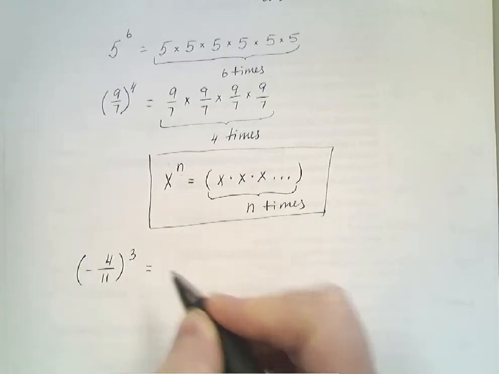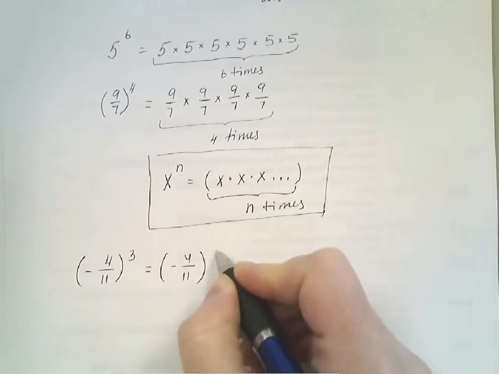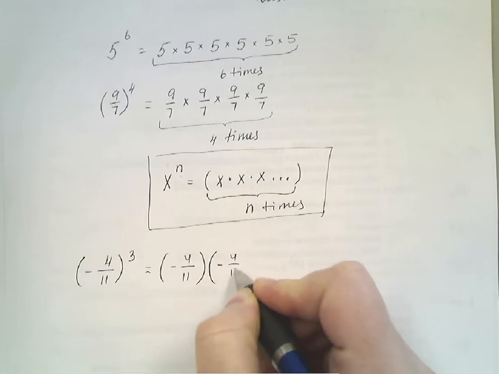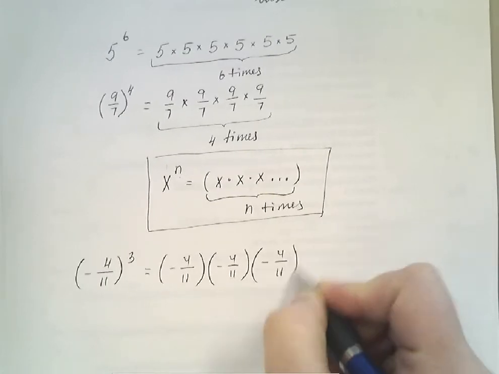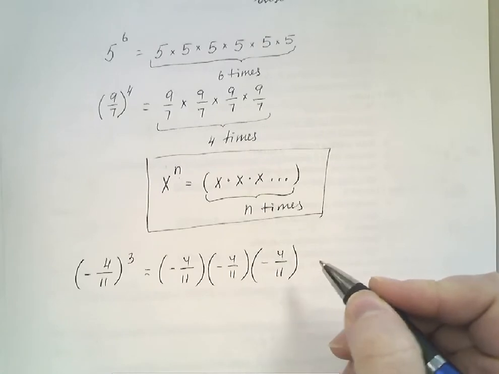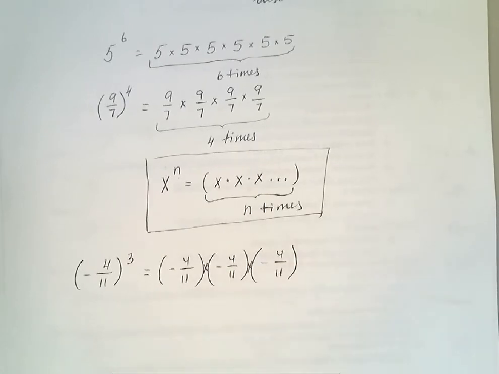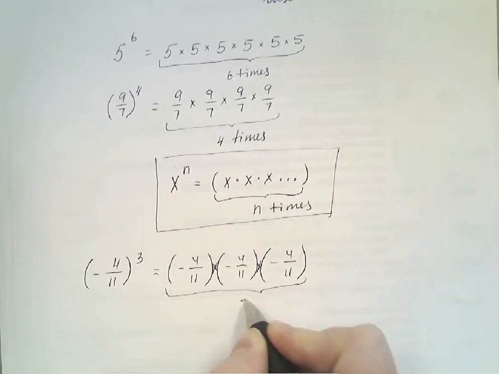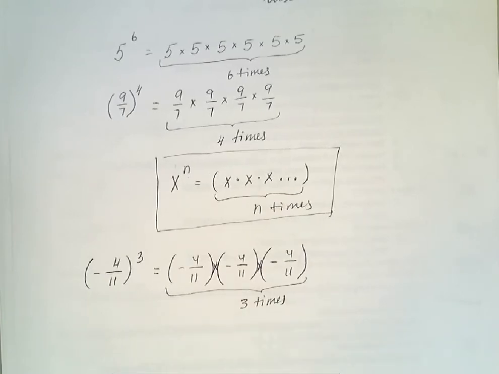I'm going to write it as negative 4 elevenths times negative 4 elevenths times negative 4 elevenths. I'm multiplying it by itself 3 times, right? So that is 3 times, okay?